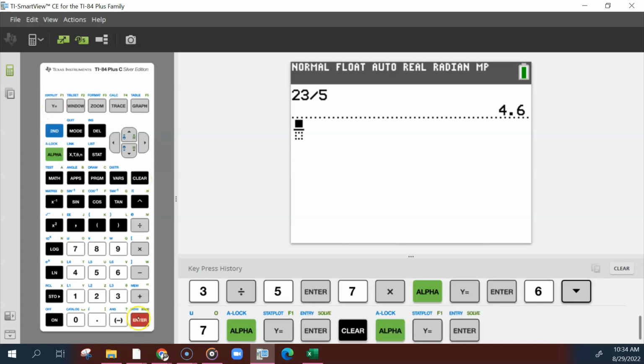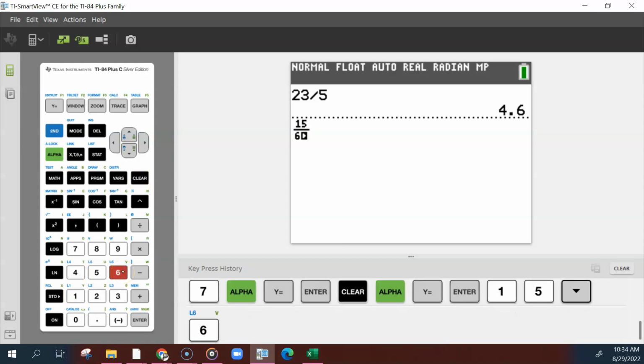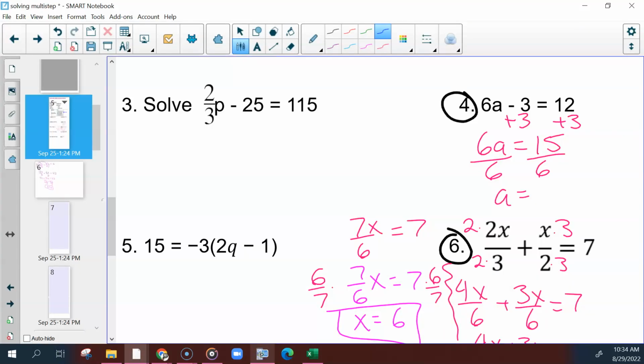What would be the decimal? What would the fraction be? Sorry, what did you say? Four doesn't go into 15, so only 4, but you're close.